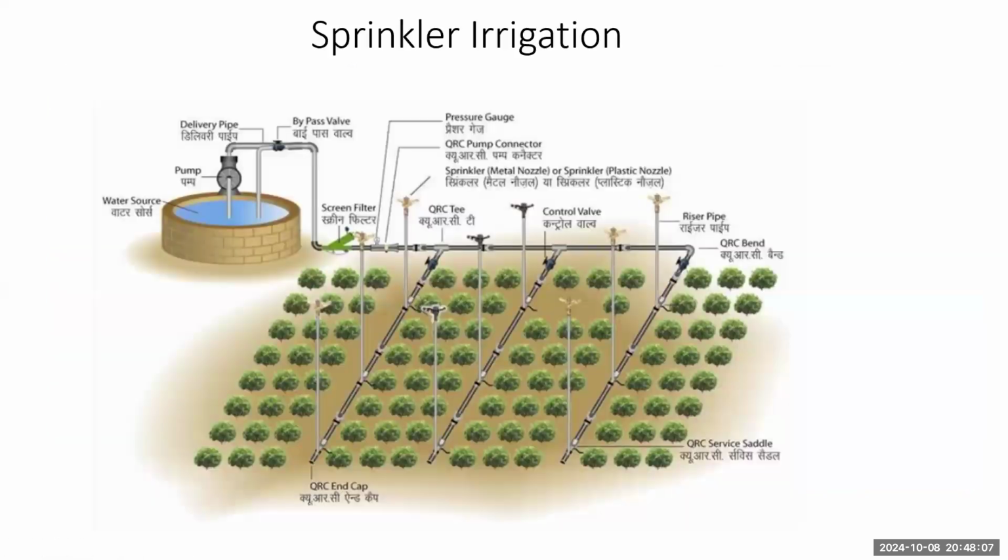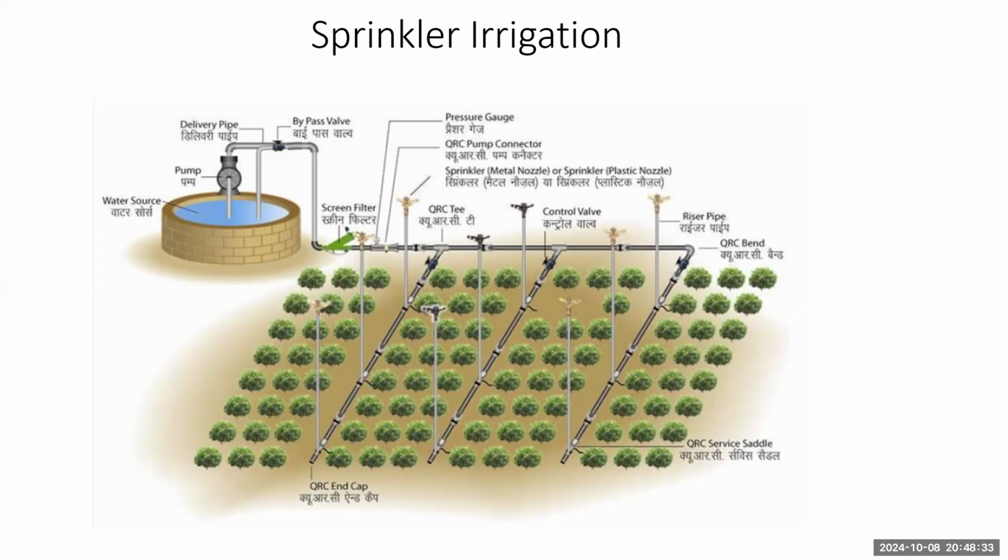Yesterday I also explained the layout of the sprinkler irrigation system. In a sprinkler irrigation system, the main components are a pumping unit, delivery pipe, and bypass valve. Then there will be a screen filter, and after that a pressure gauge. Here water is sprinkled over the crop, so sufficient pressure should be there.